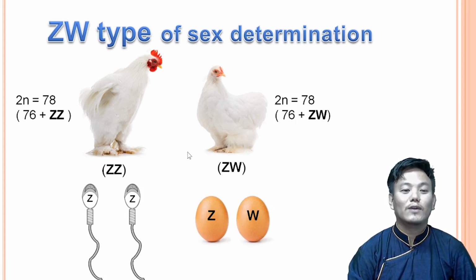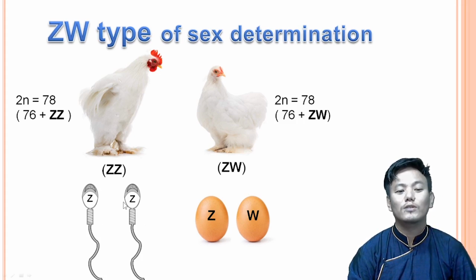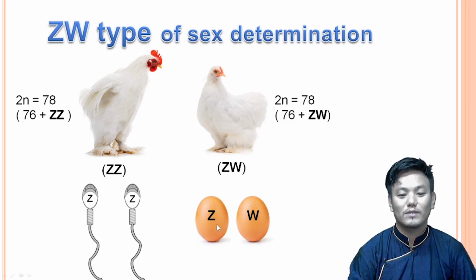And now look over here, the male. Over here the difference is that the male will produce the same type of sperm. All the sperms will be of the same type. Why? Because all the sperms will be carrying the Z chromosome. Whereas this female chicken will produce two types of eggs, one which has the Z chromosome and one which has the W chromosome.